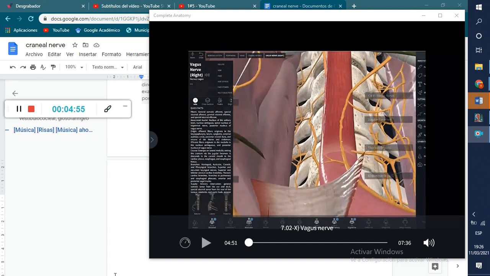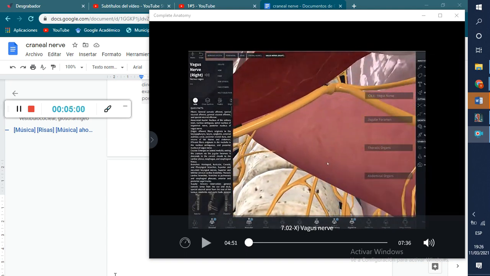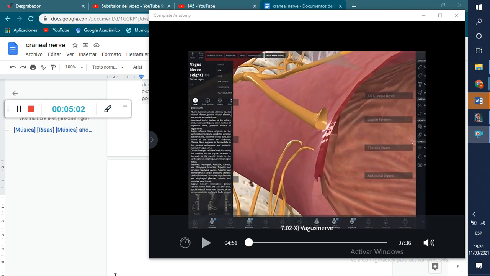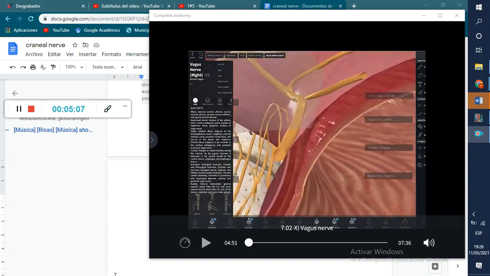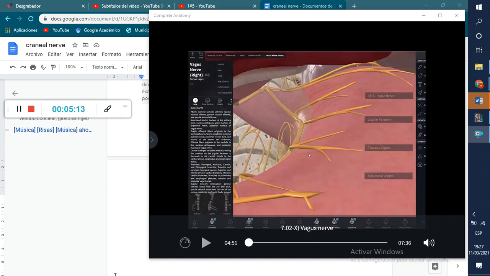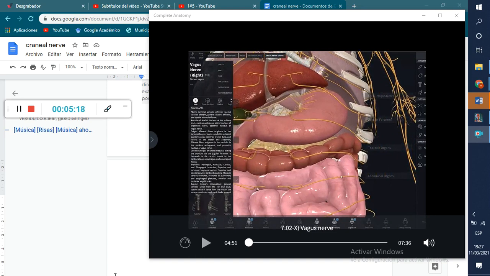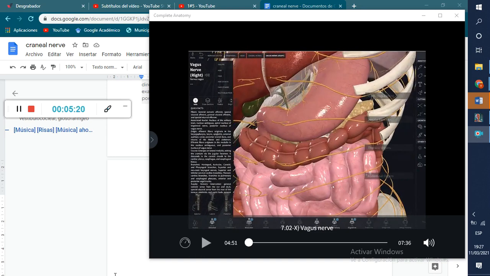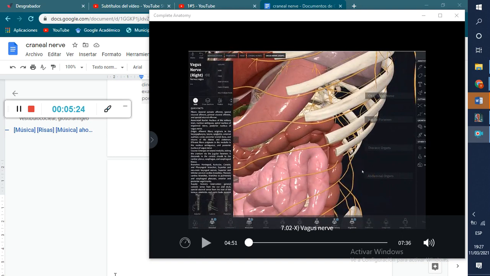Either way, if we then follow this further down, here are your vagal trunks. Here they contribute to a rich plexus of nerves. As I said, it is a mixed plexus of nerves all around the stomach and intestines as far as the left colic flexure. The left colic flexure is the region where a transition occurs between the vagus nerve for the parasympathetic supply and then the pelvic splanchnic nerves that then take over down there.